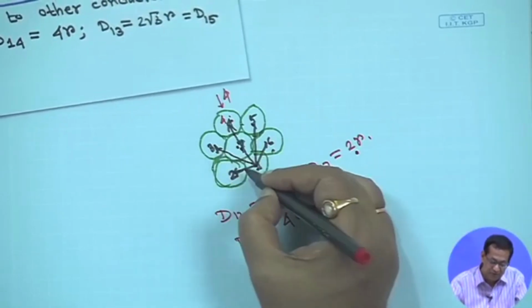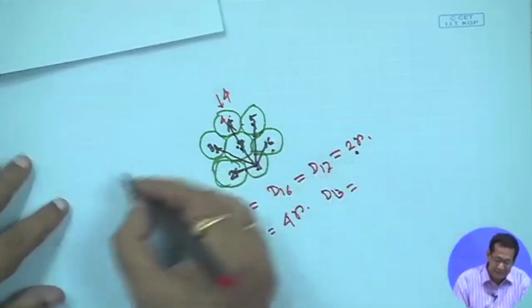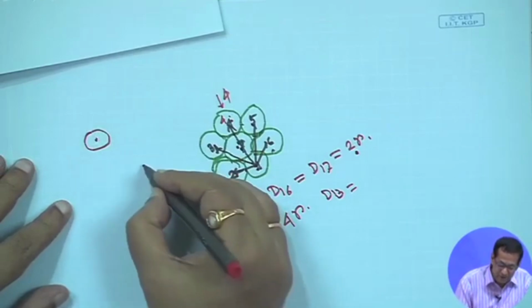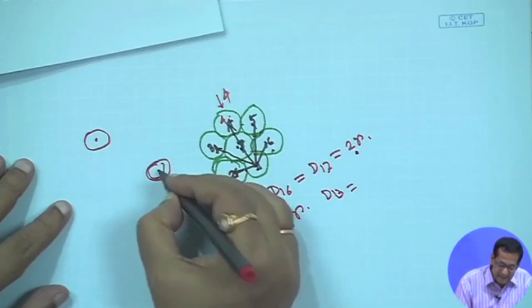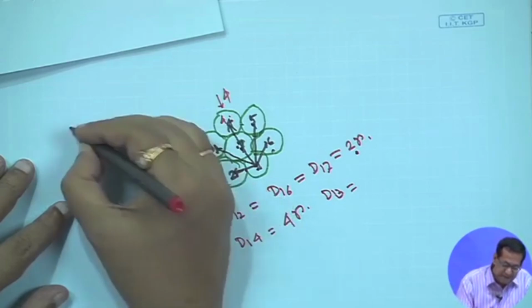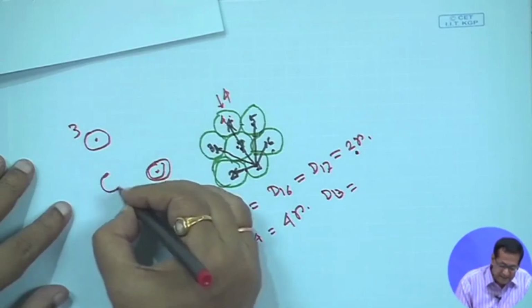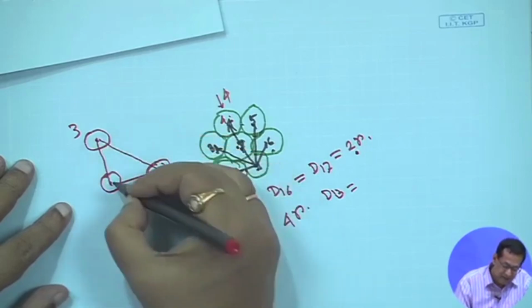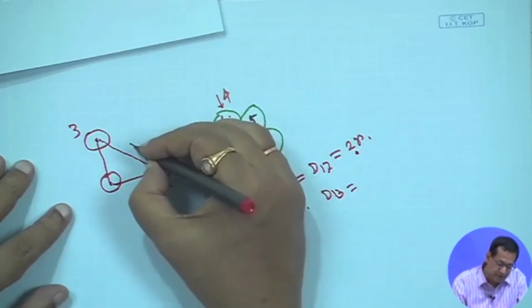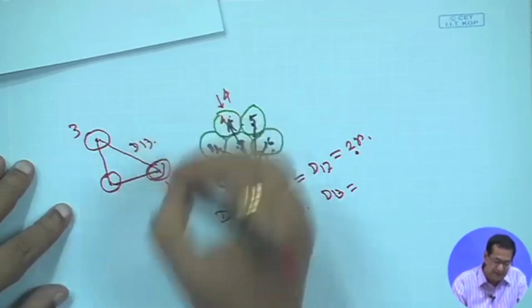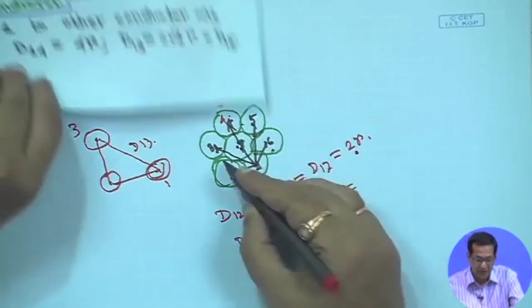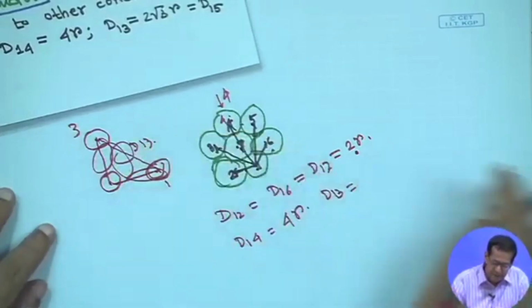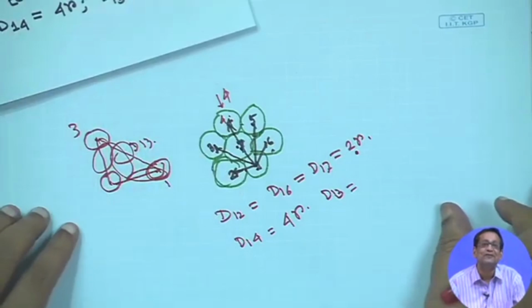Separately I am trying to draw it: this is your 1, this is your 3, and this is your 2. You have to obtain D13.